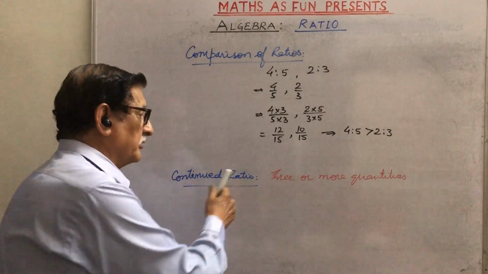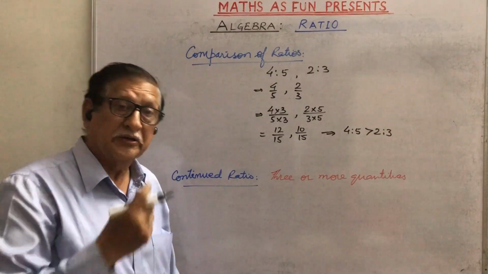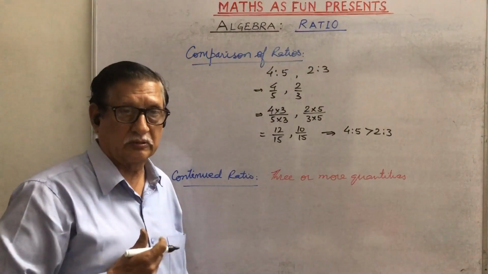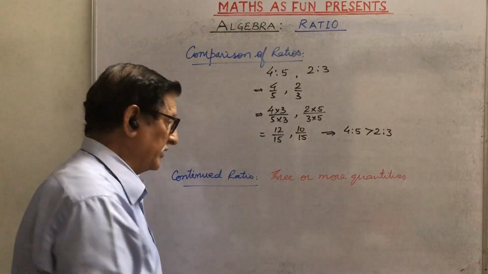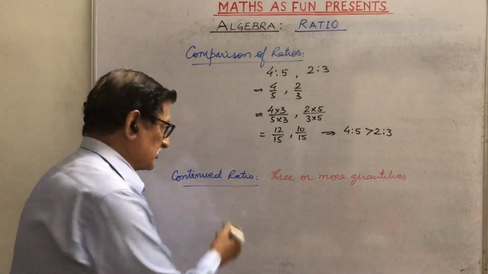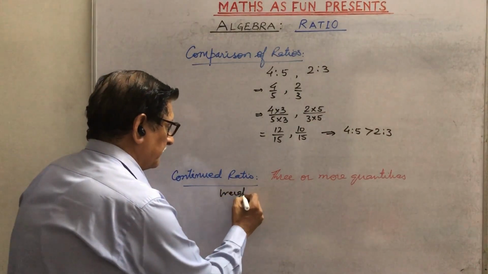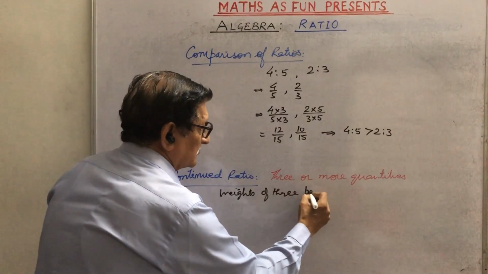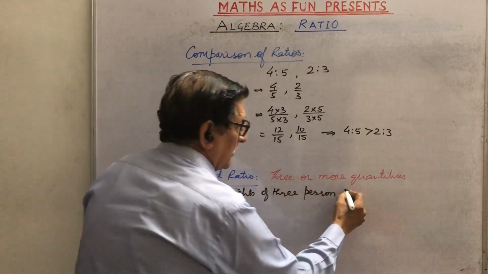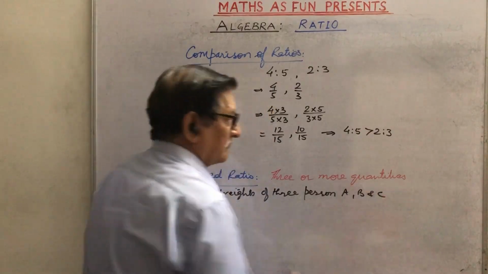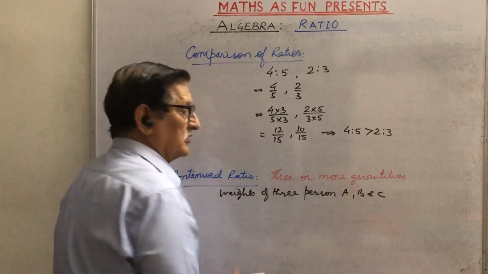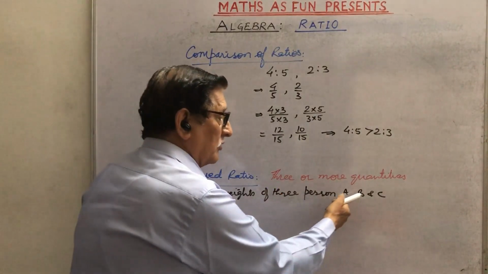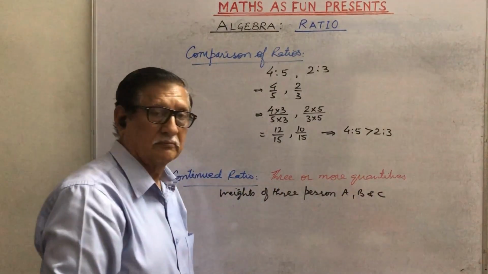Now what are continued ratios? Continued ratio means we have 3 or more quantities to compare. Suppose we are comparing the weights of 3 persons A, B and C, and their weights are in kilograms, that is A kilogram, B kilogram and C kilogram.